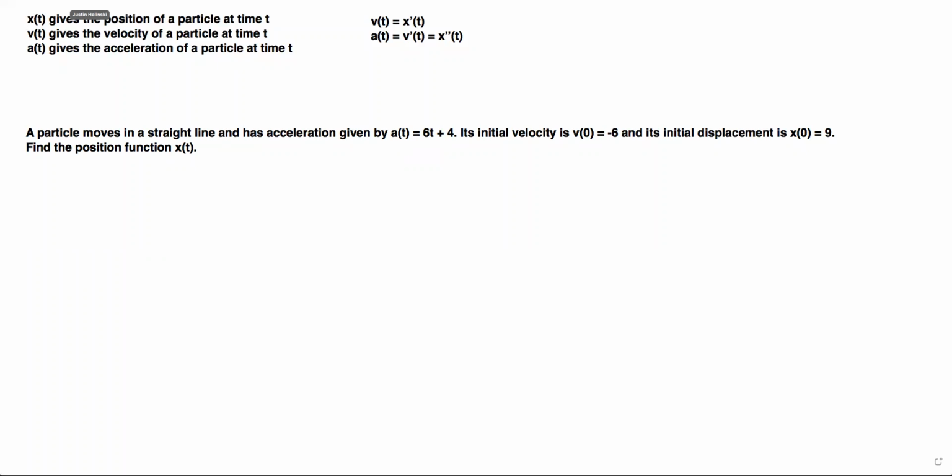Okay. So, well, v of t would become, or no, antiderivative.